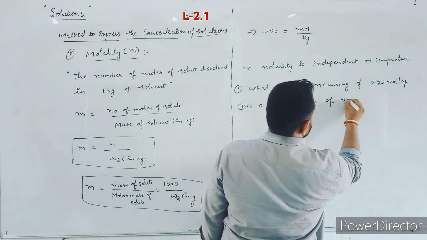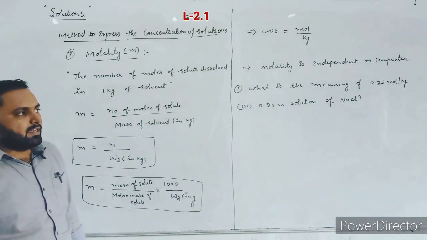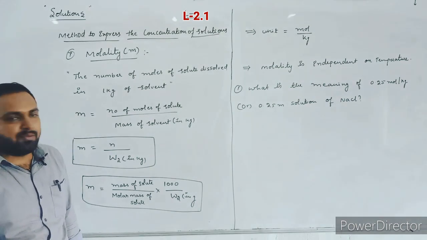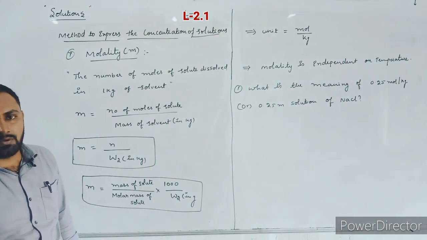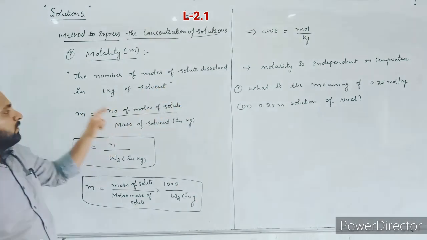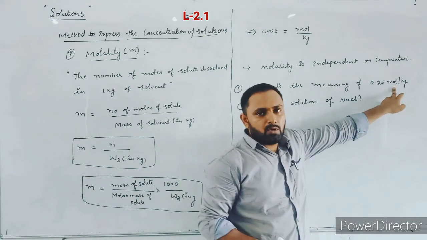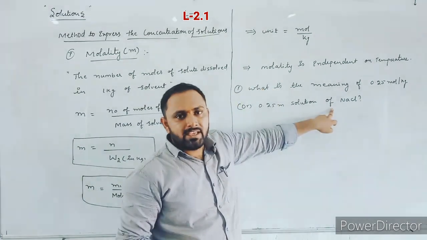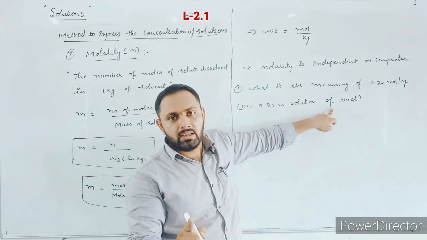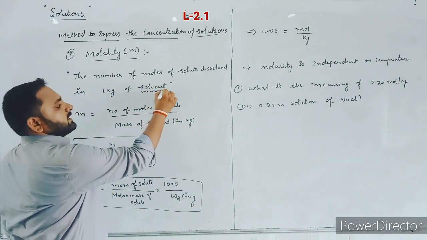solution of sodium chloride. Here what is the meaning of this concentration? According to the definition we can easily write the meaning of 0.25 mole per kg solution of sodium chloride. Here the number of moles of solute dissolved in 1 kg of solvent. That means 0.25 moles of sodium chloride is present in 1 kg of solvent, not 1 kg of solution, because according to the definition we consider solvent, not solution.